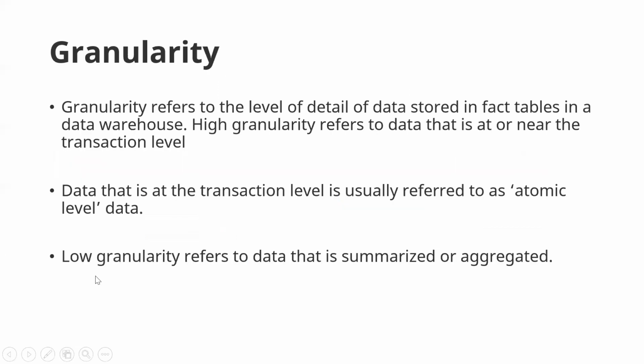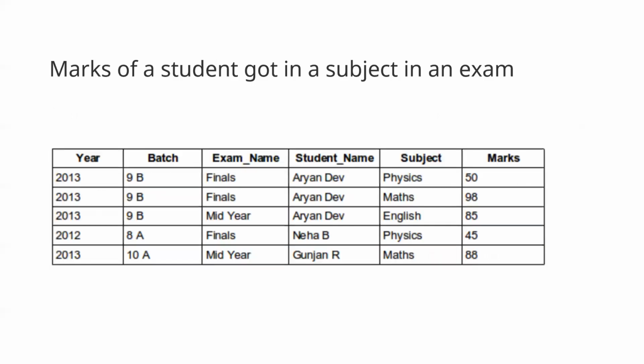The next point is how many line items we can provide, how much detail we can go into in the fact table data. That is called granularity. Maybe users want to see, for the final in physics, section-wise marks. That would be more granular. There may be another column called section.